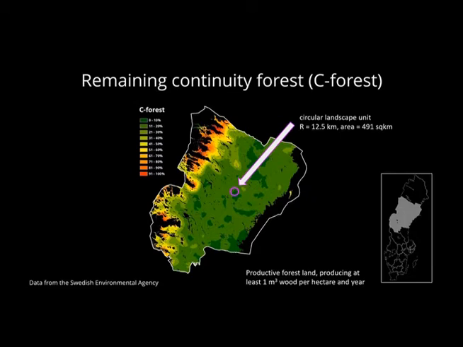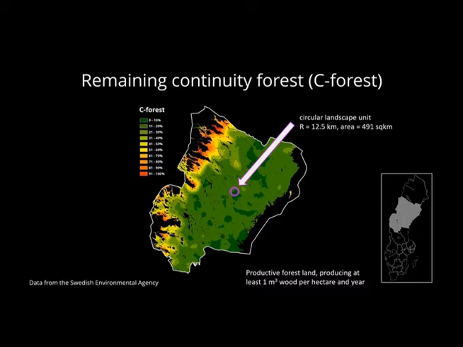I have used a circle landscape unit, which I moved around this whole landscape pixel by pixel. It has a radius of 12.5 kilometers, which gives, if I haven't miscalculated, an area of about 490 square kilometers.